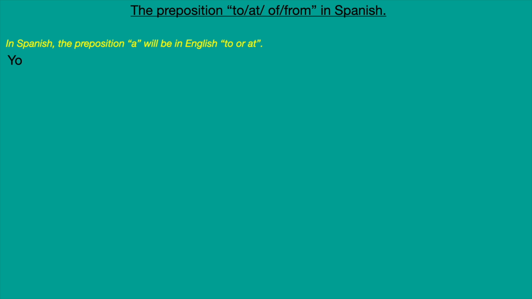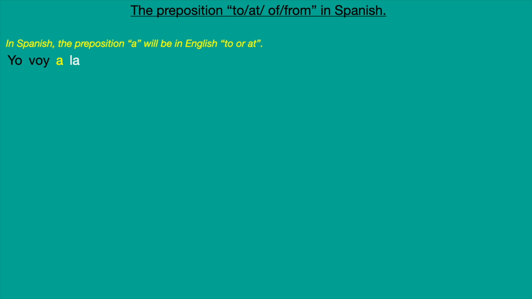So if I say yo, I, voy is the verb to go in Spanish, yo voy. Later we are going to study the verb to go in Spanish. Yo voy, I go to someplace. I'm going to the school, I'm going to the house, I'm going to the party.